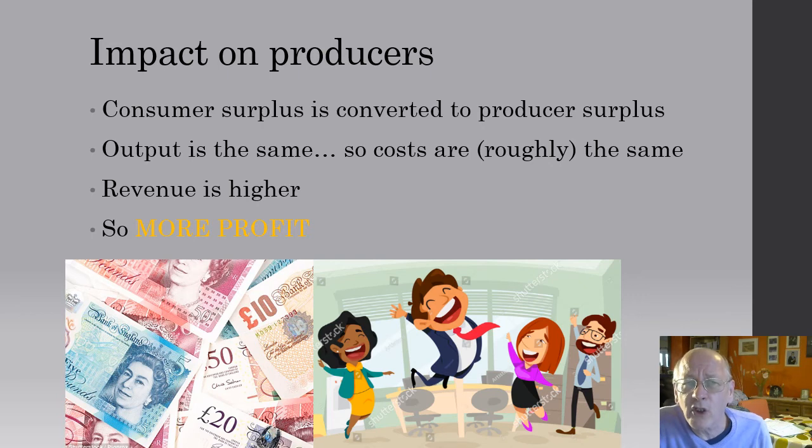They might have a few additional costs, perhaps by issuing identity cards, that sort of thing. But their revenue is going to rise. So either way, producer surplus is another word for profit, and more revenue at the same cost is another word for profit. So producers are going to be happy. They are definitely the winners.